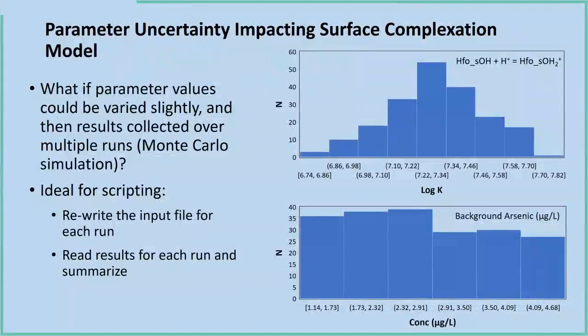These would include normal distributions for the surface complexation constants on hydrous ferric oxide, gibbsite, and manganese oxide as adsorbents. And I should mention that, as you know, PHREEQC uses log K values for complexation or equilibrium constants and not the actual values. So these normal distributions are really log normal distributions, but that's just a detail.